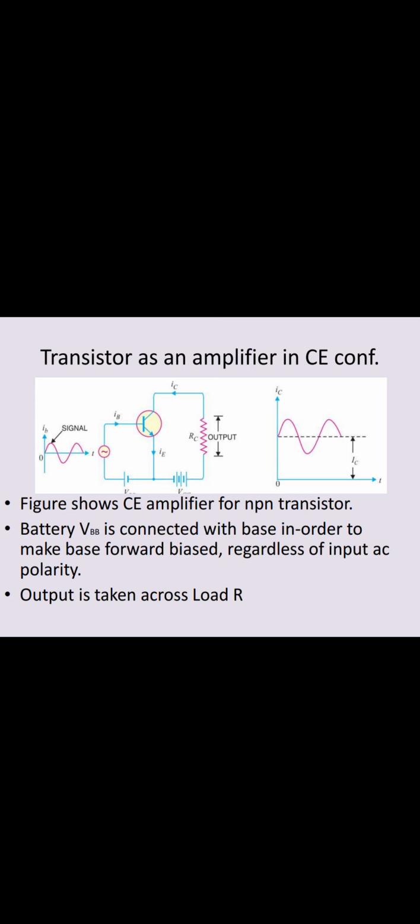One of the applications is amplification, that is, the transistor used as an amplifier in CE. As we can see in the diagram, the transistor as an amplifier configuration, and the graph is shown in the diagram.